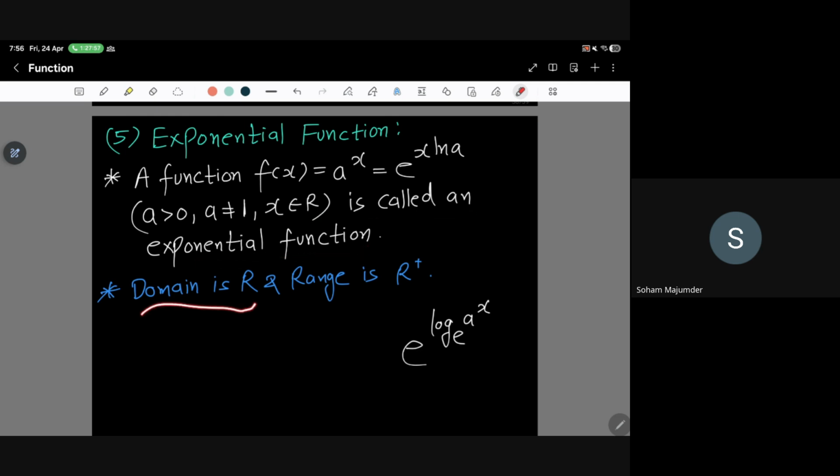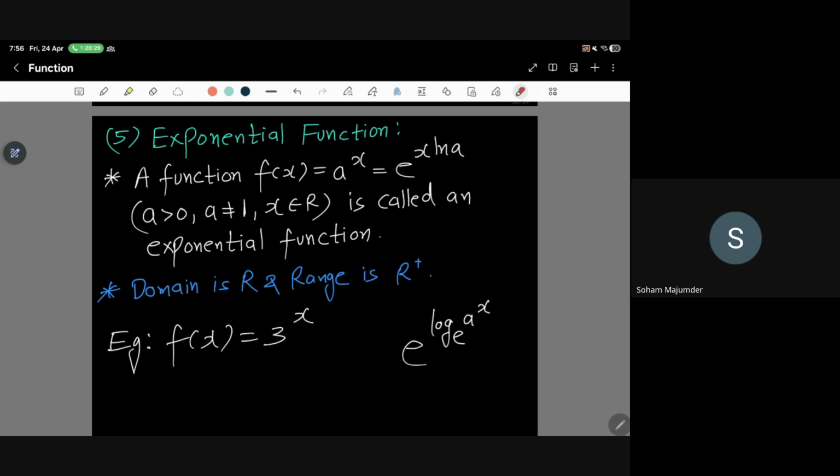Domain is R, and range is all positive numbers, because suppose f(x) is 3 to the power x, this will always give you a positive number. This will never become 0, no matter what x you take, even if you take minus infinity, it will be very near to 0 but not exactly 0. So the range is R plus.